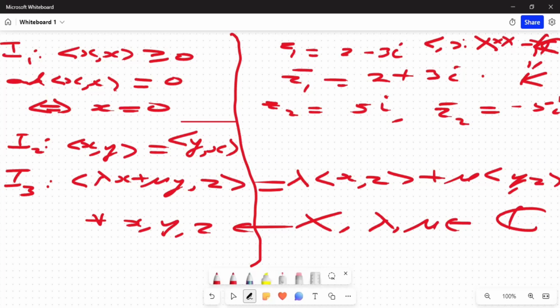All of these x, y, z are vectors in the linear space, and lambda and mu are complex constants generally. If all these axioms I1 to I3 are satisfied, and if K is R, lambda and mu are in R.